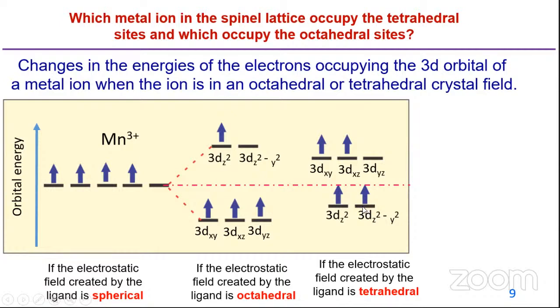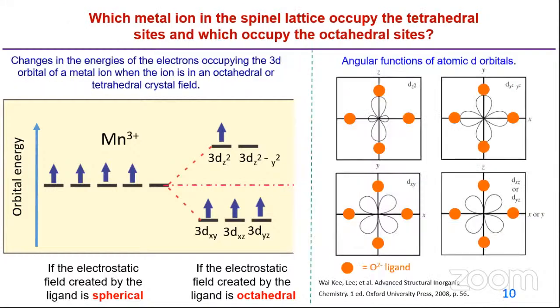To understand a little better why this splitting occurs, we can see this figure, especially in this same example, manganese 3+. The electrons are in 3d orbitals.